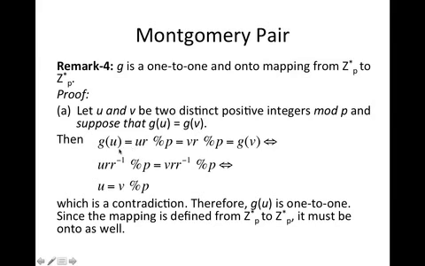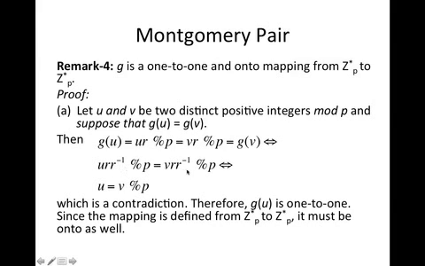So we say that they're equal. That means g(u), which is ur mod p, is the same as vr mod p. That's equal to g(v), of course. Now if I multiply both sides by r inverse, and that's why we had to have the inverse of r, it's so critical to have that. If I don't have r inverse, then I can't make this derivation. But I can, because I know that r is invertible mod p, so I have r inverse.